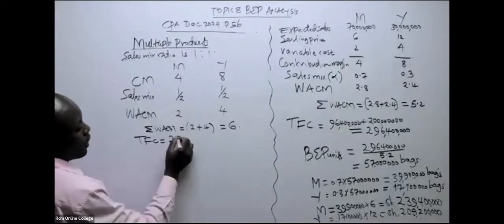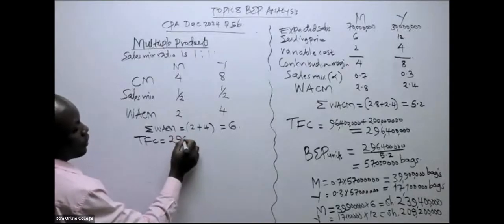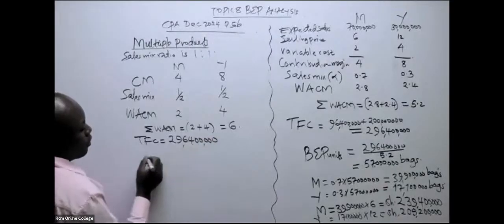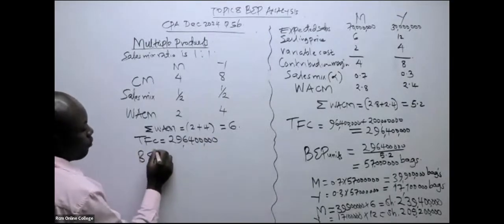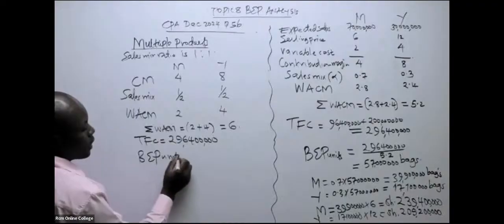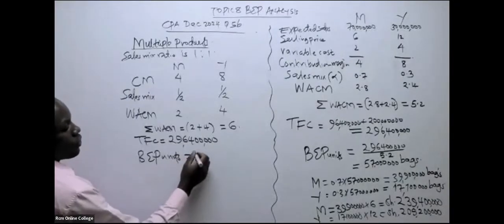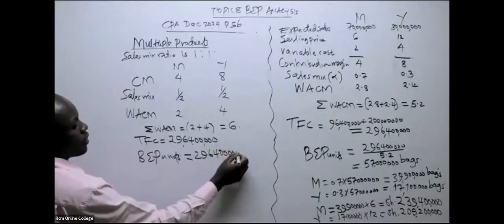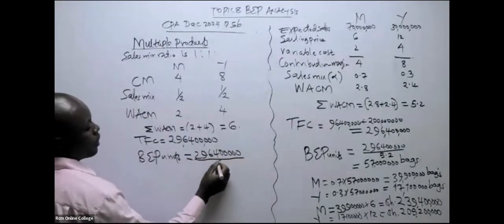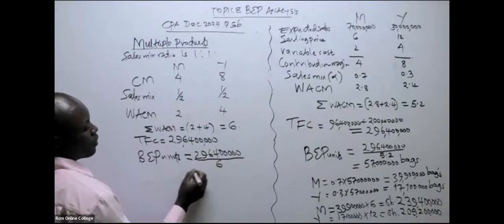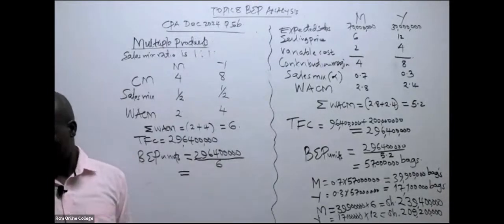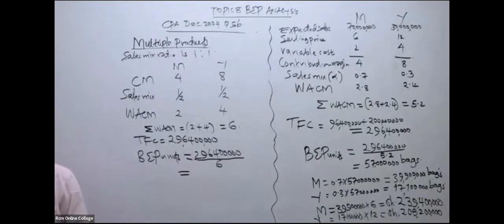It is 296,400,000. What is my break-even point in units? Total fixed cost, 296,400,000 divided by 6. What is my break-even point in units?